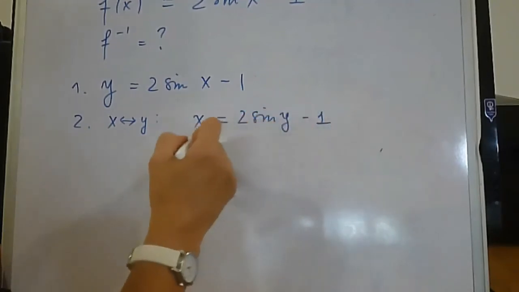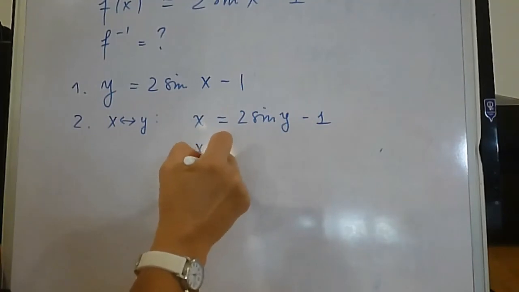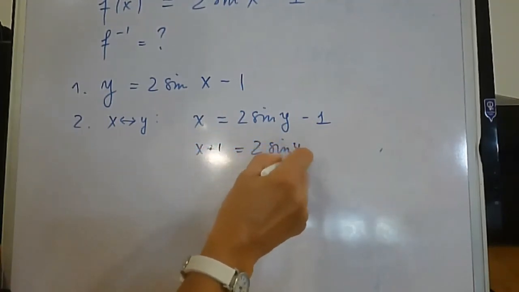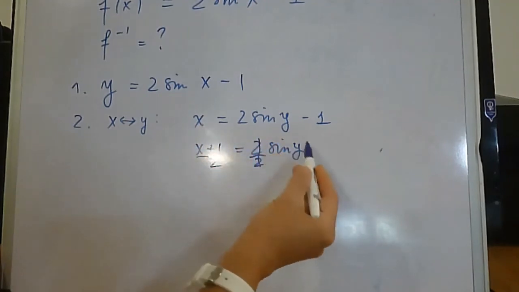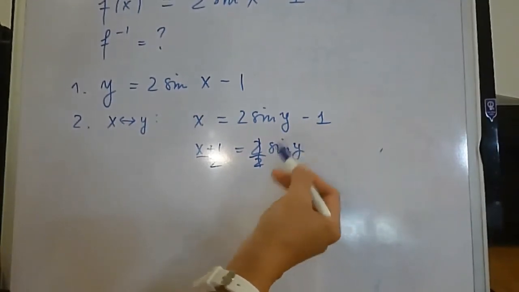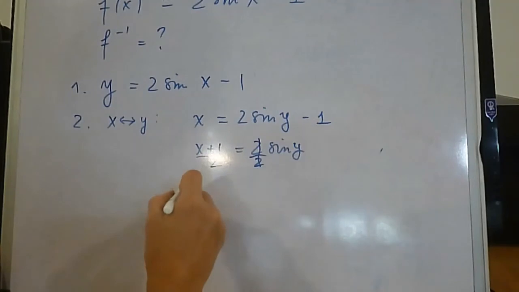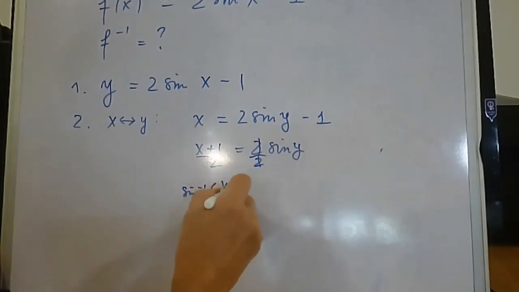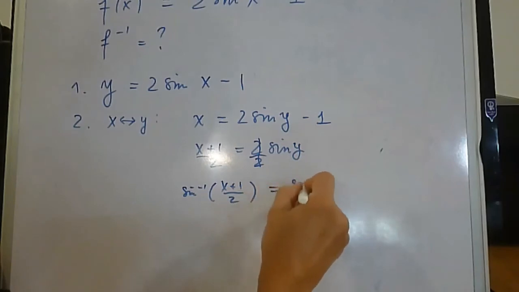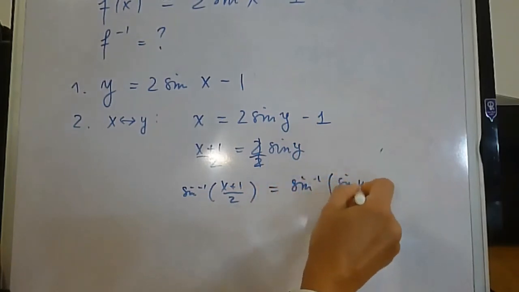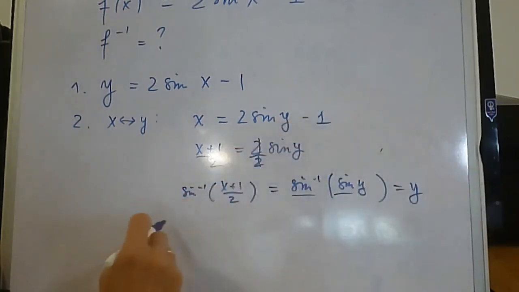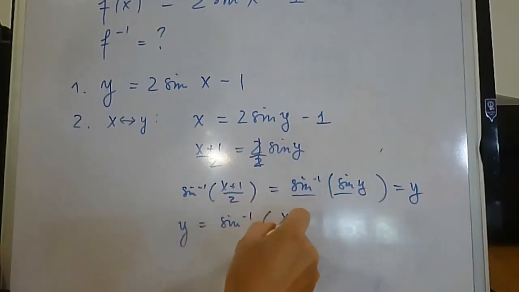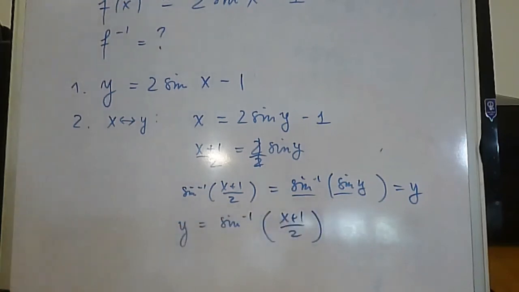And then I'm going to solve for y. X plus 1 equals 2 sine of y, right? I'm going to divide by 2 both sides. And I need to find the y. I do know sine of y. How do I find y? Well, I take the inverse of both sides. Inverse sine of x plus 1 over 2. And here I'm going to have sine inverse of sine of y. I know that inverse and direct function cancel each other, and I'm just going to get y. So y equals sine inverse of x plus 1 over 2. And that's how we find the inverse.